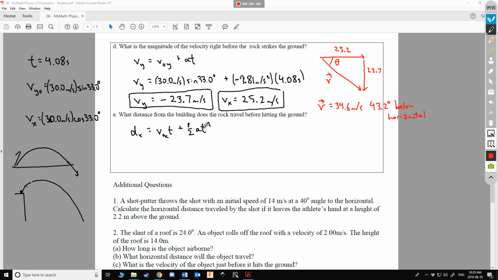Again, because there is no acceleration in the x direction, that term just goes away. So you have dx equal to Vx t. It's going to be 25.2 meters per second, and our time was 4.08 seconds. So you get 103 meters.